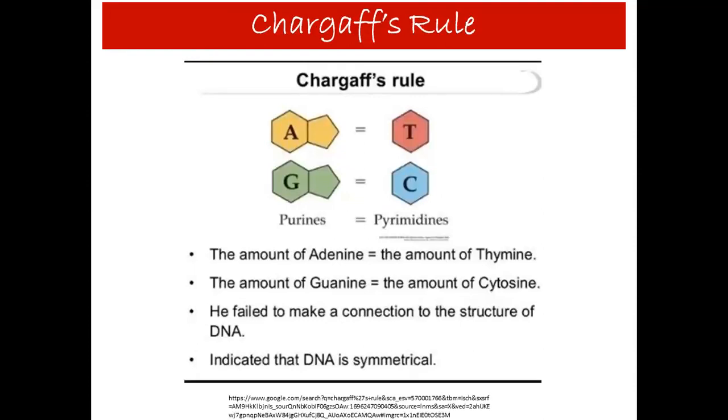He found that on a molar basis, the amount of adenine is always equal to the amount of thymine, and the amount of guanine was always equal to the amount of cytosine. These quantitative relations between the four bases are known as Chargaff's rule. This rule provided a key clue which helped the Watson and Crick team to deduce the double helical structure of DNA.